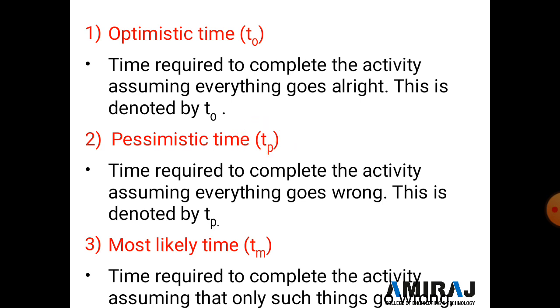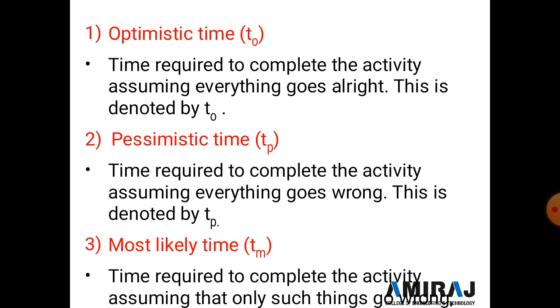Like if we write that excavation is completed in 3 days, but the excavation is not completed in 3 days and takes more, like 5 days or 7 days, this time is known as the pessimistic time. And the third one is the most likely time.